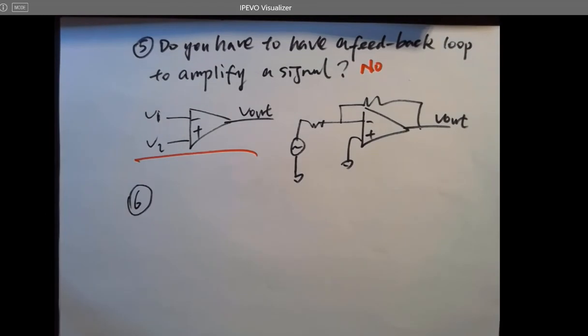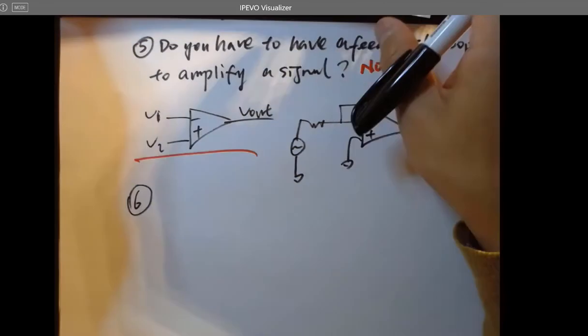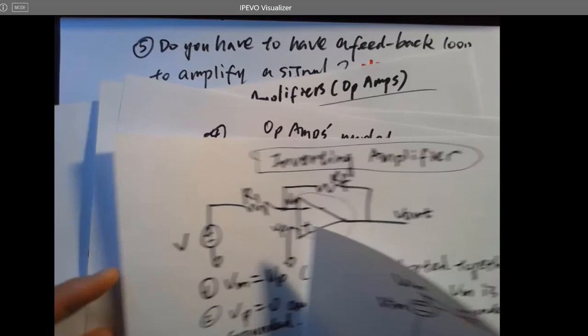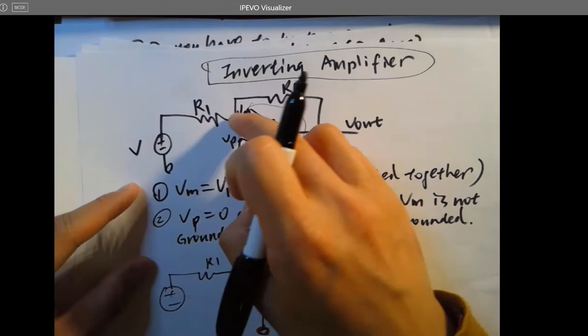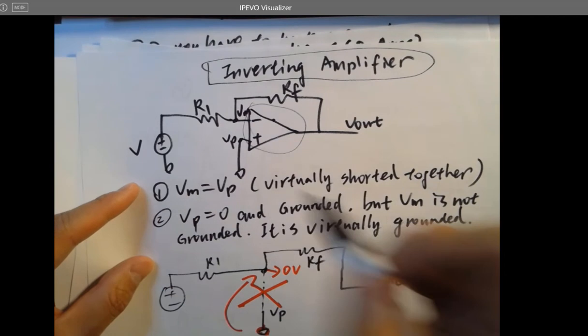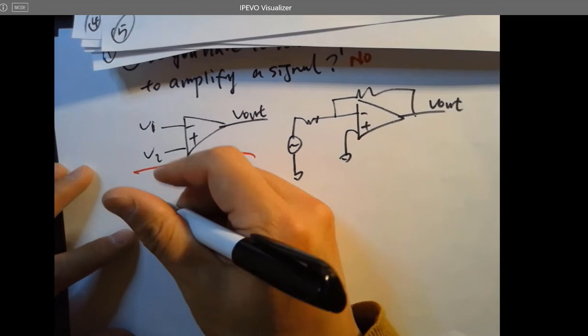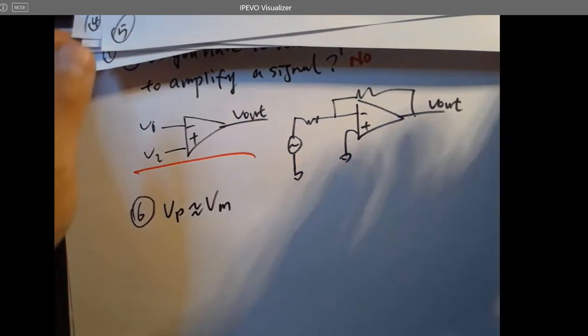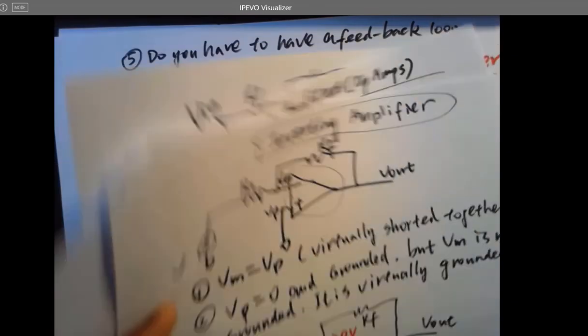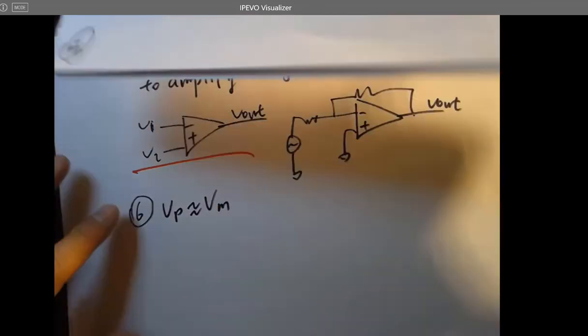Another question. So why will a feedback loop make your two terminals virtually shorted over here, or why are these two voltages very close or pretty much the same? So it's because of the feedback loop.